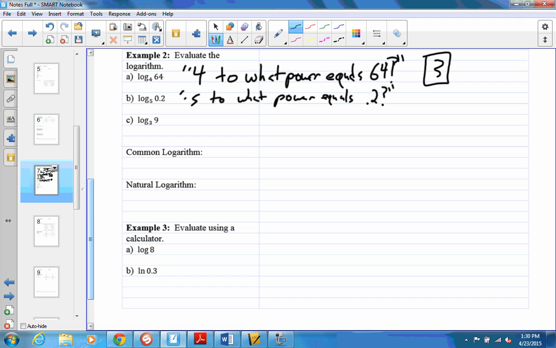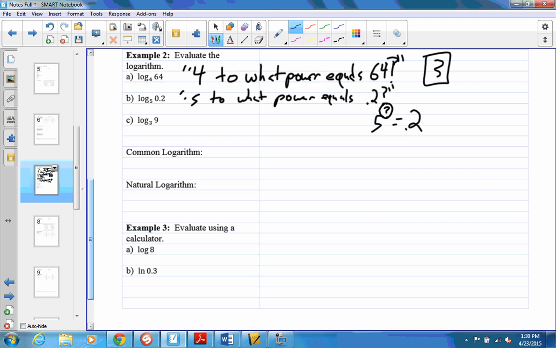If you wanted to change this and say, all right, 5 to what power? So 5 to, and I'll just put a question mark, equals 0.2, and then use that to find my unknown riddle. That'd be fine. Five to the negative 1. So -1. How did you know? I guessed.